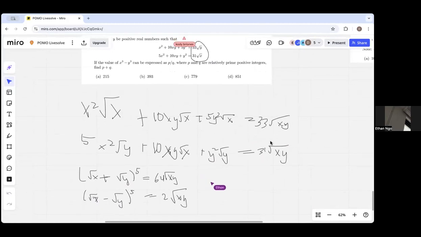Okay, now, if you take either of the equations, this can be reduced to x equals 9y.